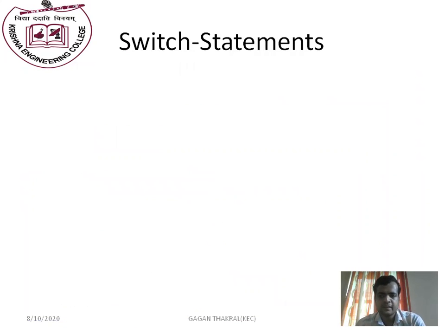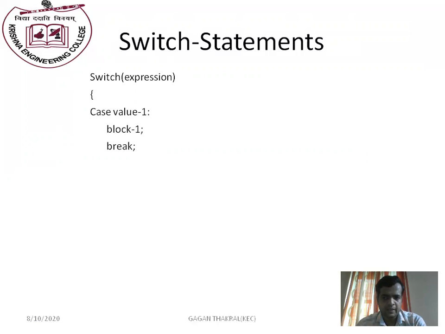Now we will discuss switch statements. In a switch statement, we use the switch keyword, and we have to pass an expression as the argument. And there are cases in the switch statement. Case value 1, and we write block 1 which we want to execute in case 1, and we write break to jump out of the switch.